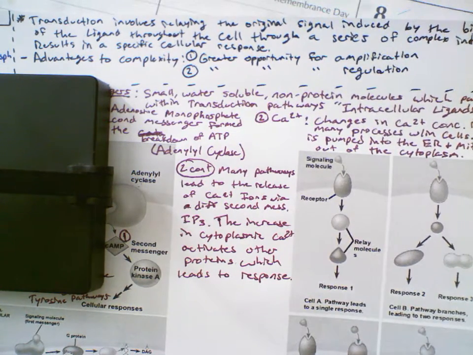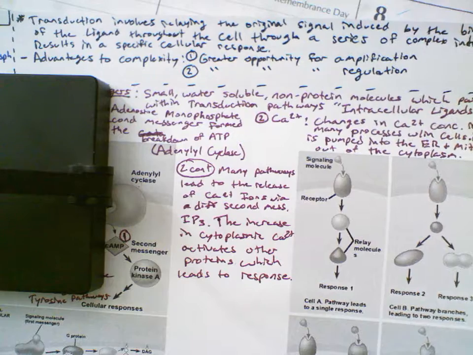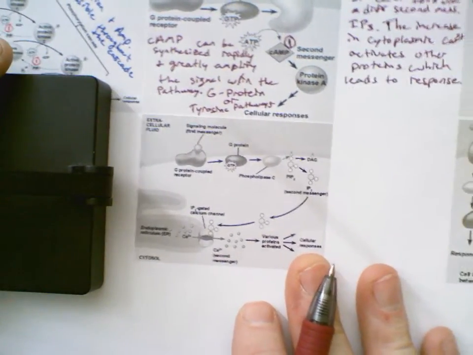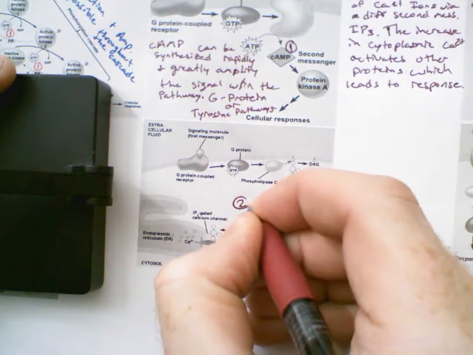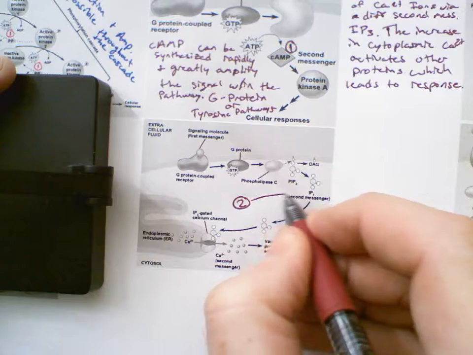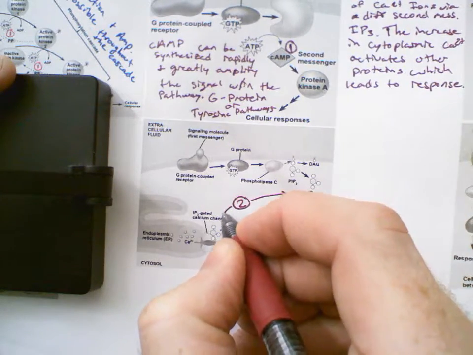Okay, so if we look at the actual schematic, we can kind of put all of this together. It's really not much different than what we just looked at with cAMP. Remember that this is not a protein, but it's kind of acting like a protein within these pathways because it's just activating new things. So if we look down here, we can put number 2 kind of right here because we see it happening in 2 different spots, here and here.